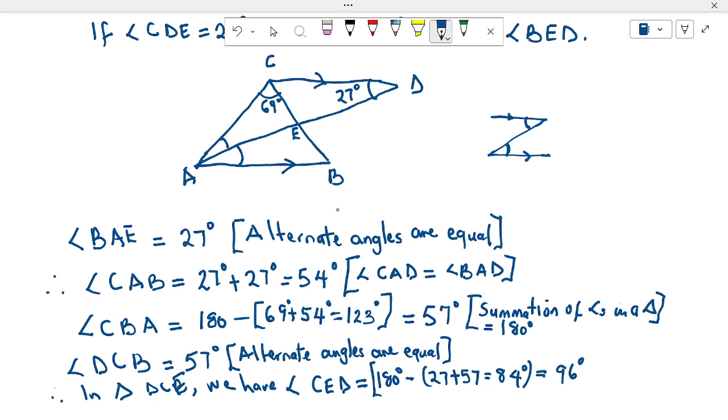If this angle is 96 degrees, then we can get this angle. Look at it. Angle on a straight line is 180. So if this one is 96, this one will be 180 minus 96.